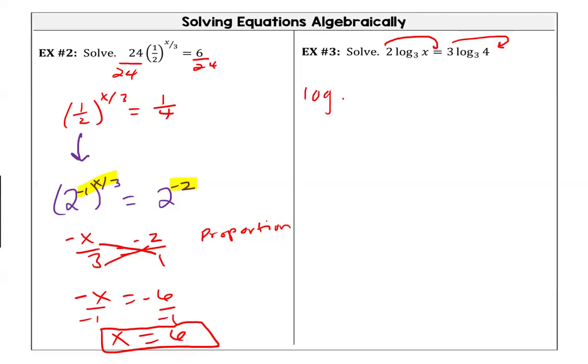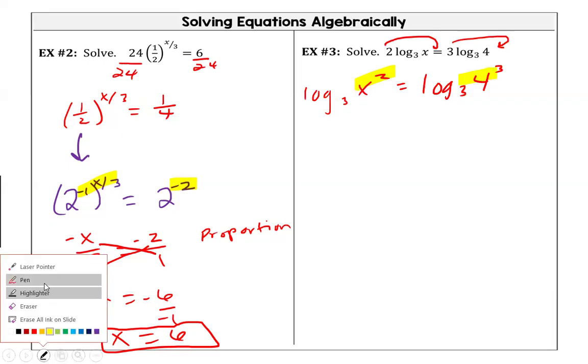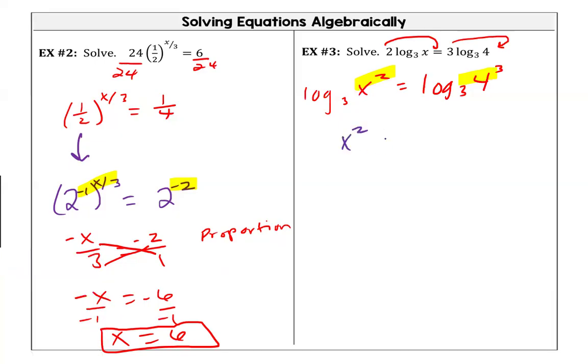So now we're working with log base 3 of x squared equals log base 4 to the third. Once your logs are the same, all that matters are the arguments. X squared equals 4 to the third.